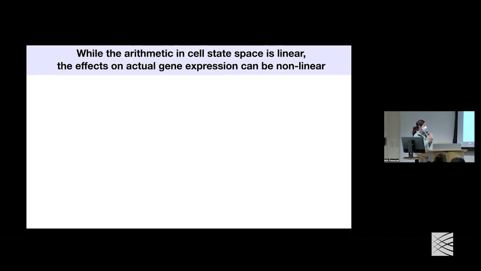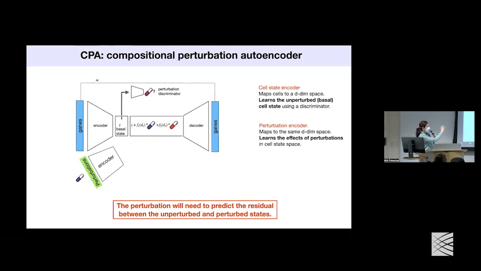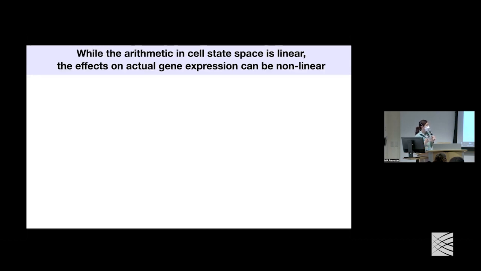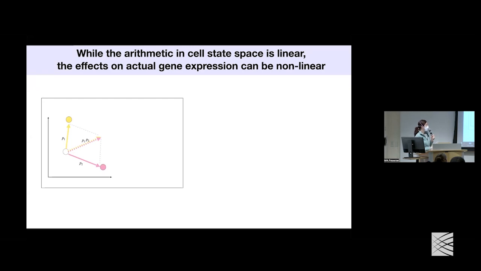So now the key thing to remember here, though, is that while we will have this sort of nice additive arithmetic in this latent space, it doesn't mean that that's going to be the same in the gene expression space. So let me give an example. We have here our two perturbations, P1 and P2, and their sum, that kind of looks like their linear combination in the latent space.